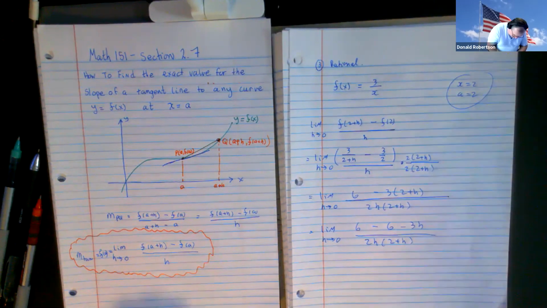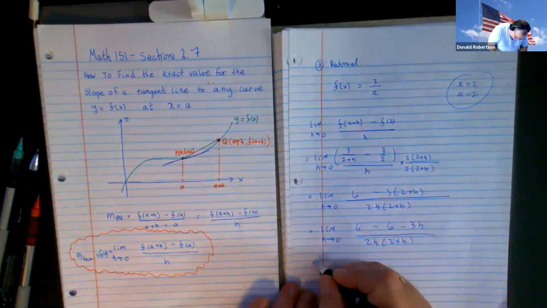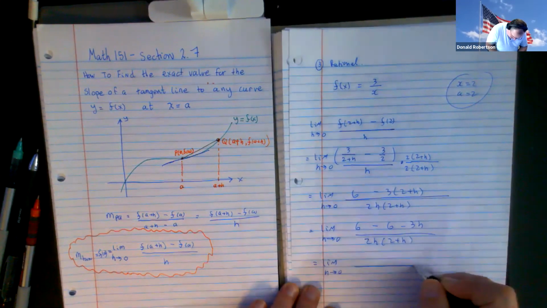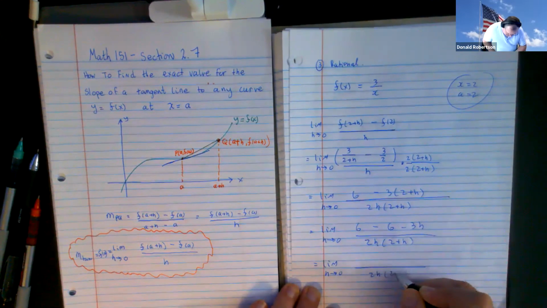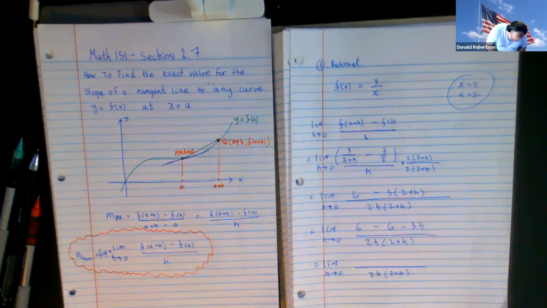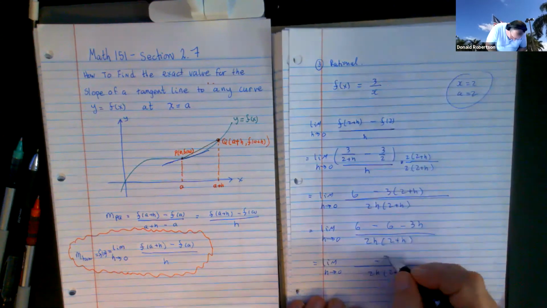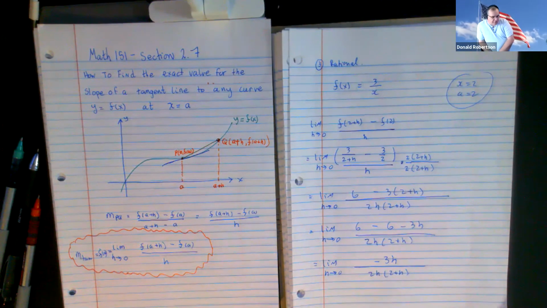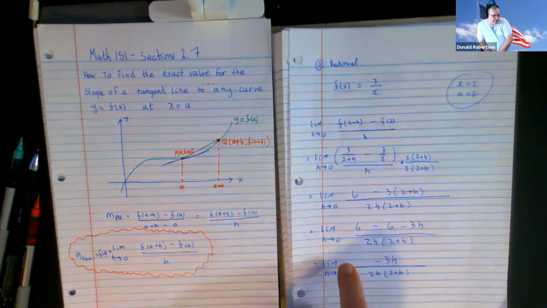Can you see something nice happening on the top? Can you see the 6's cancelling? And what that leaves me is that guy. And just like every other situation, shouldn't you reach a point where you've got a fraction where the top has nothing but h's in it?